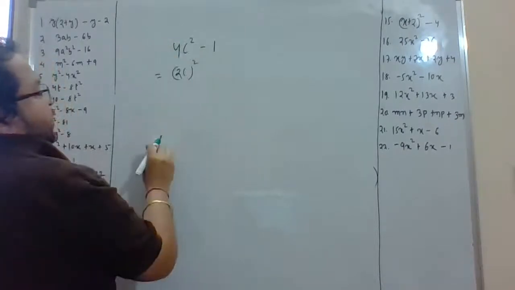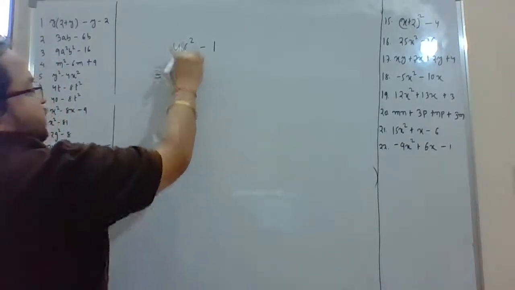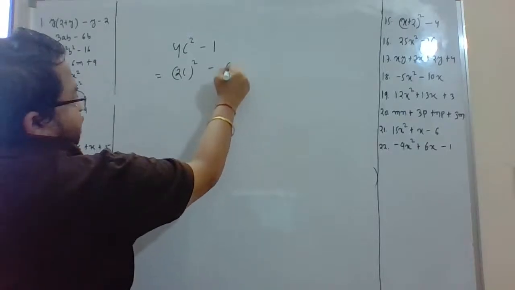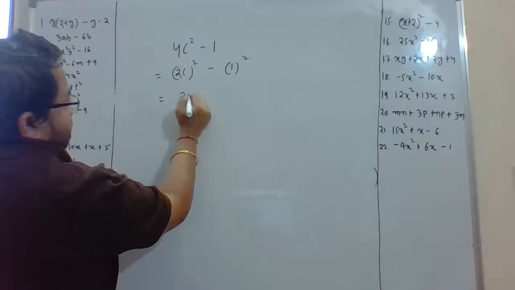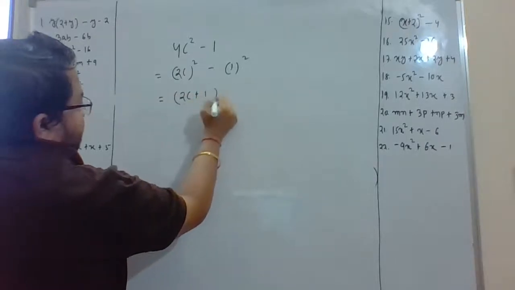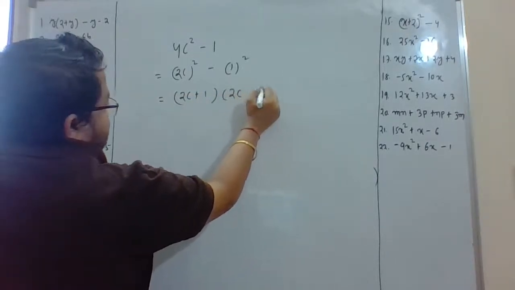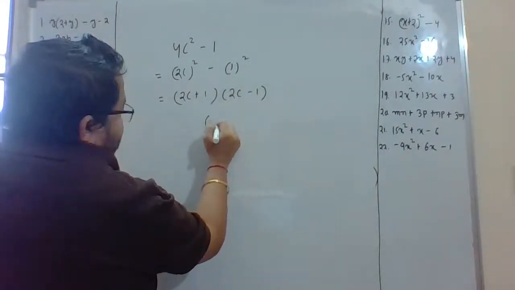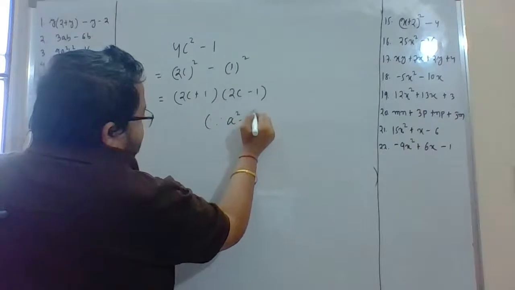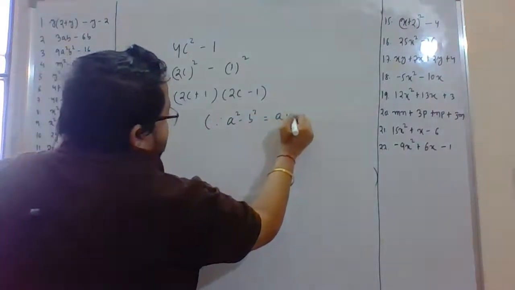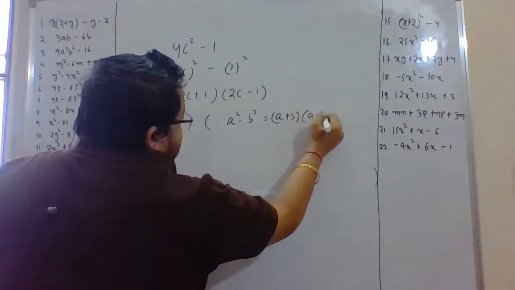So 4c squared can be rewritten as 2c whole squared minus 1 squared. That is nothing but 2c plus 1 into 2c minus 1, because we know the identity, a squared minus b squared equals a plus b into a minus b.